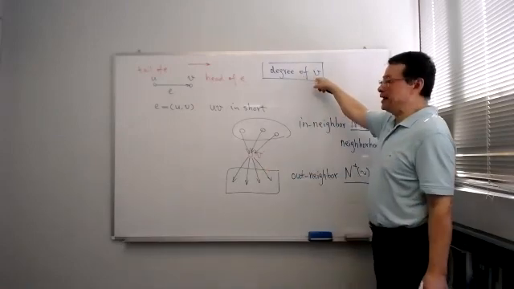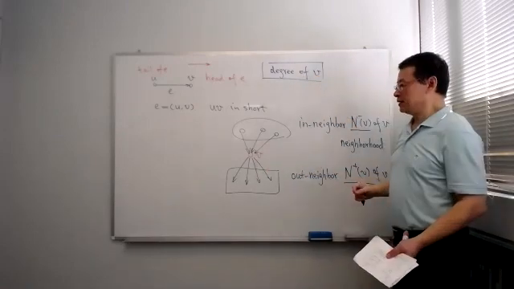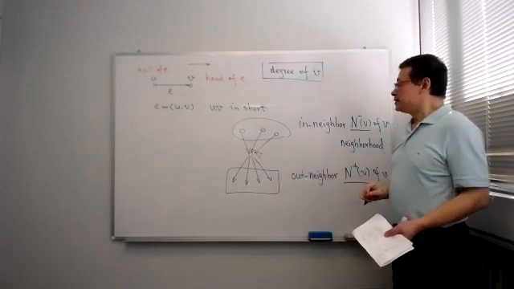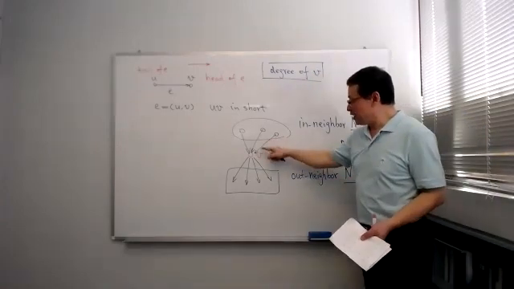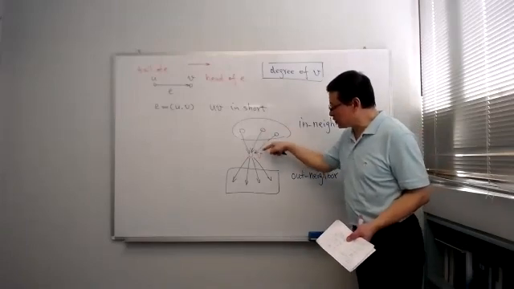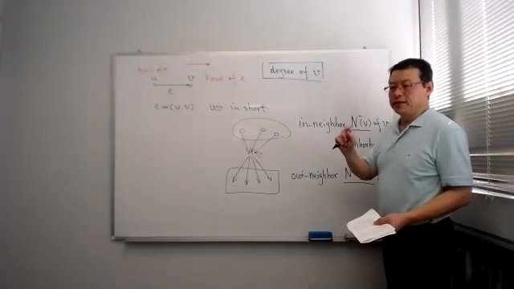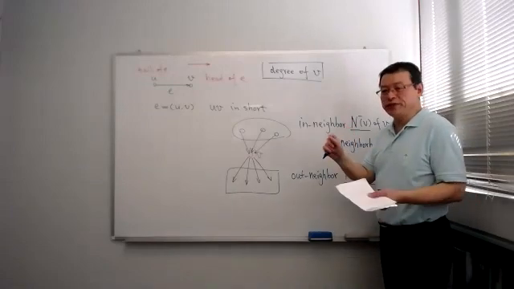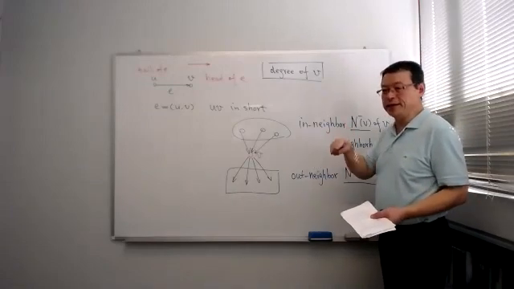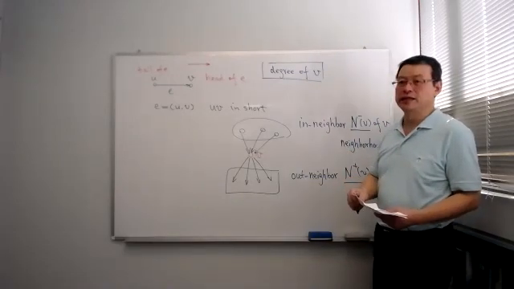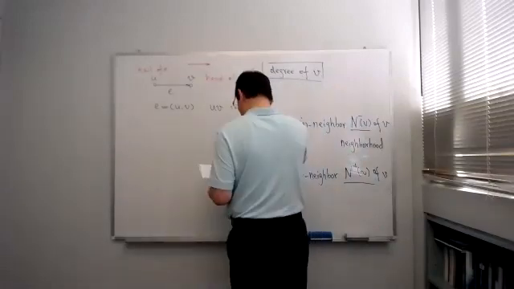So the degree of V measures how many edges have a connection with V. Because the roles of these edges may be different, one is going into V, one is going out from V, we put them into two different categories, one is in, one is out. Therefore, we have in degree and out degree. There are two different kinds of degree.